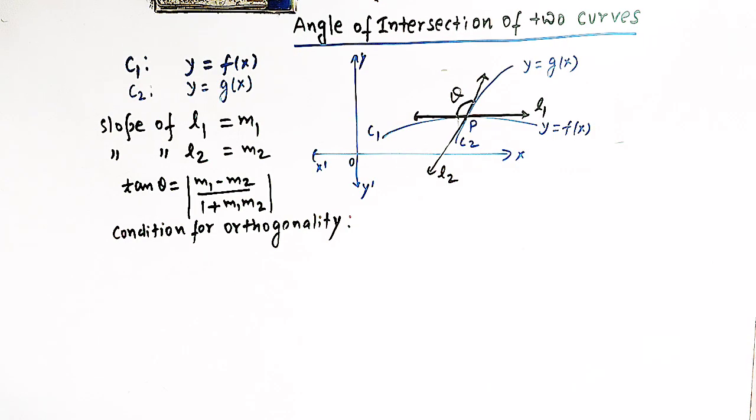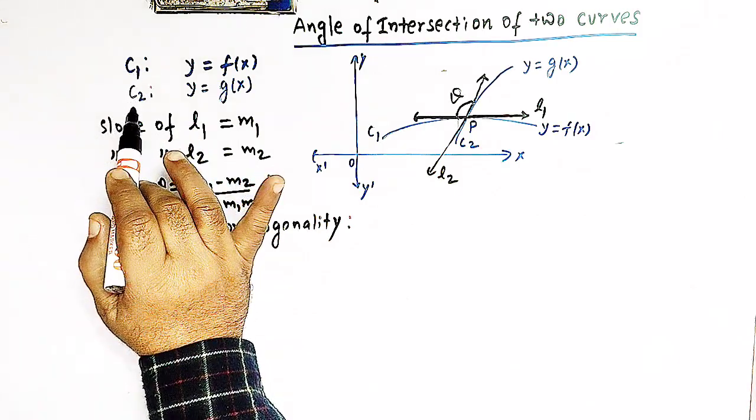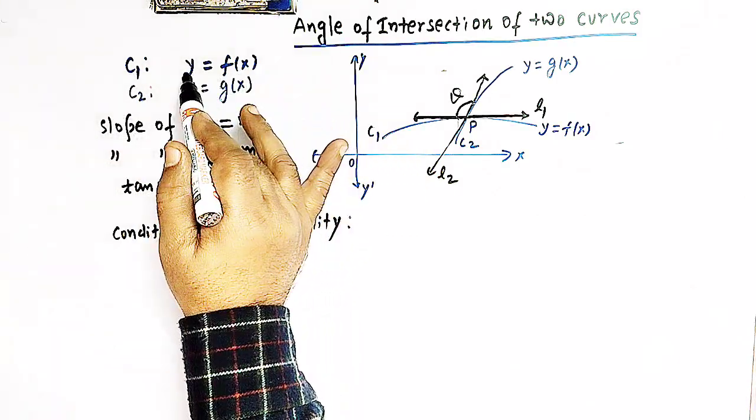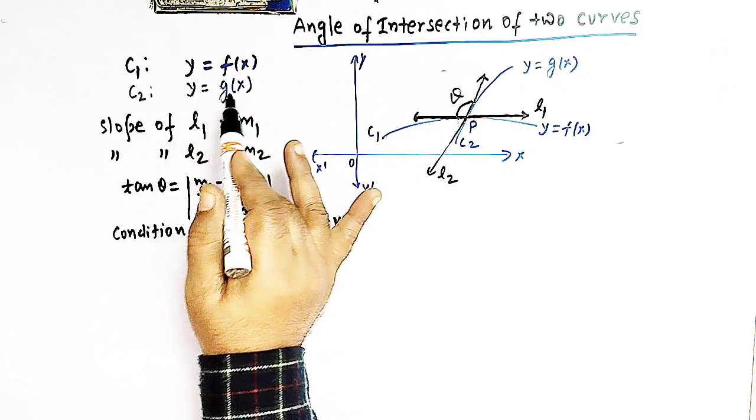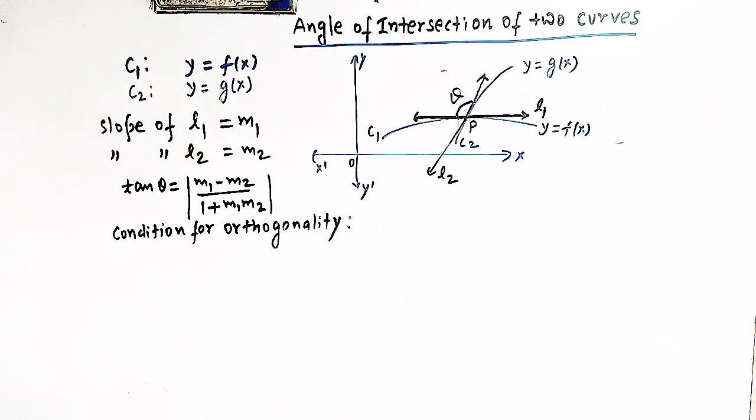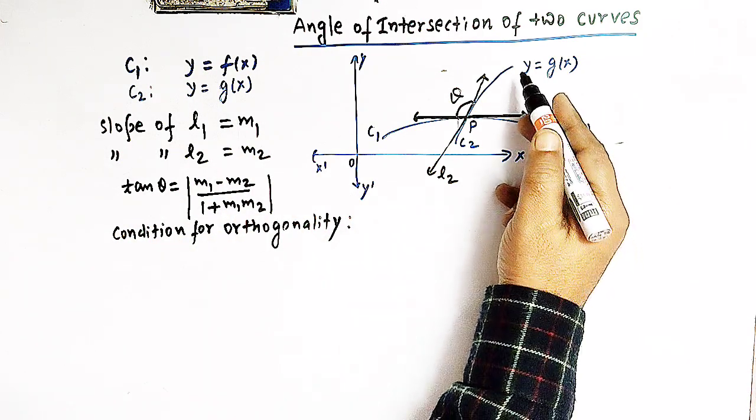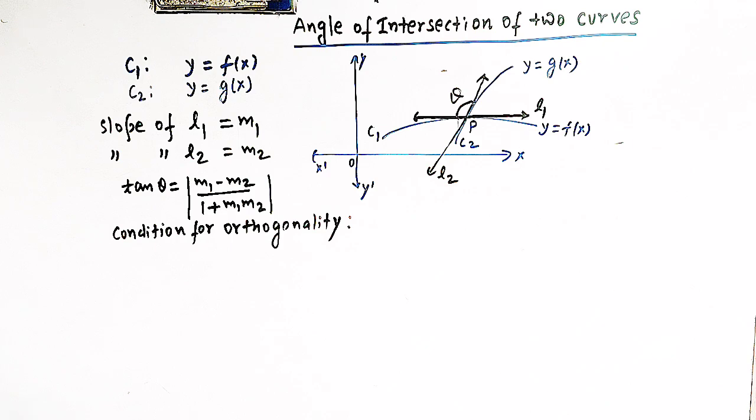So now let us consider the condition for orthogonality of two curves. Suppose we have two curves C1 and C2 whose equations are y is equal to f of x and y is equal to g of x. If these two curves intersect at right angles, then they are said to intersect orthogonally.